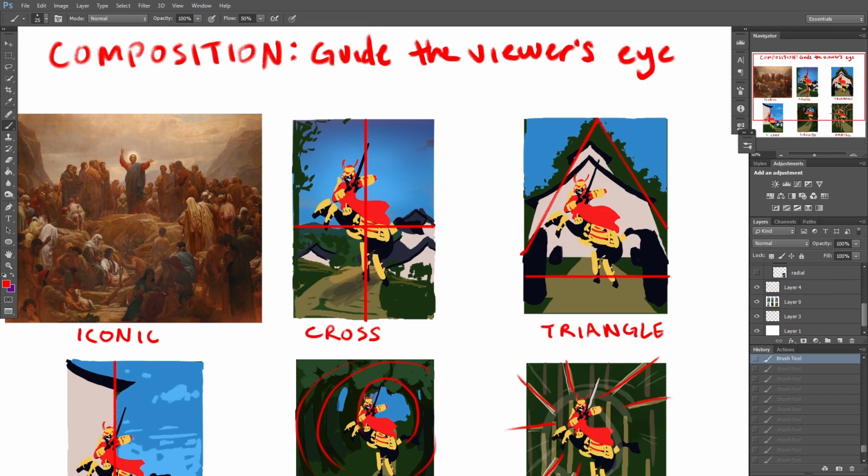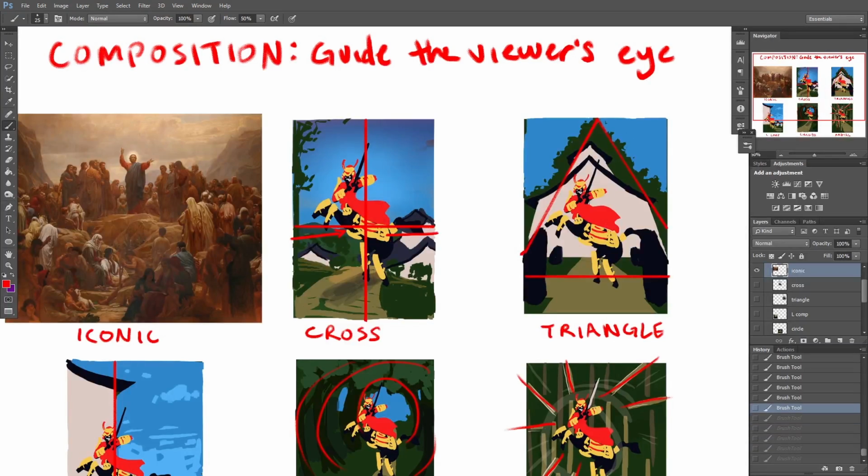So the big thing with a cross composition is just that the character is centered on the vertical axis, and then usually there is a horizon line or something on the horizontal axis that creates kind of a cutoff point in the background of the composition. So once again, all of these lines that we have created, even if they're not literal lines, they're just shapes, all of these help to guide our eye to the focus of the character.